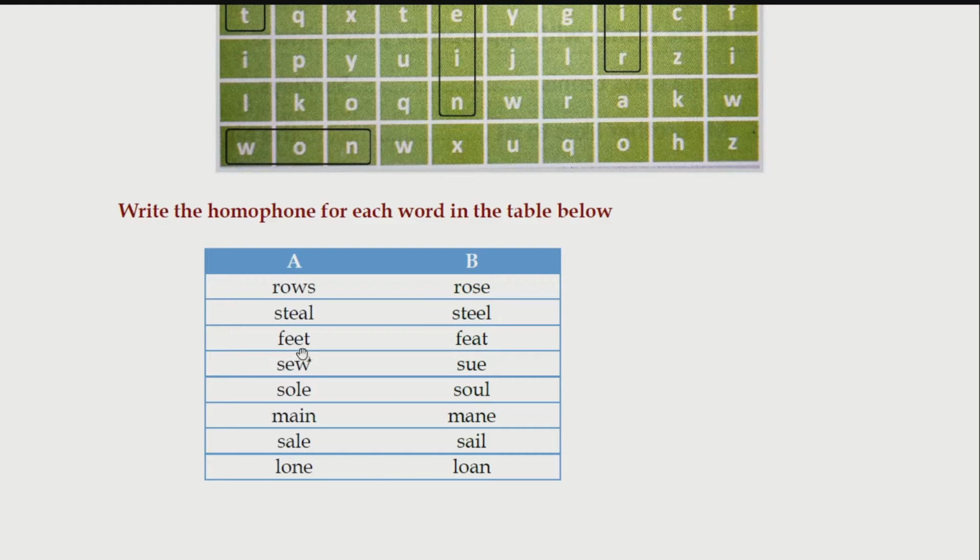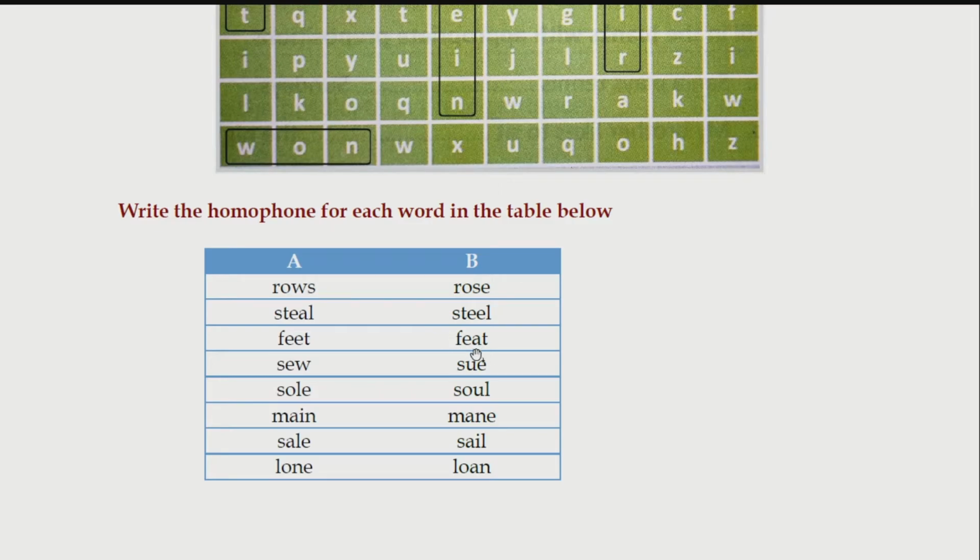Next one, feet, FEET. FEET is the plural of the word foot, which means the part of your leg. You already know this. Next one, and the homophone will be FEAT.